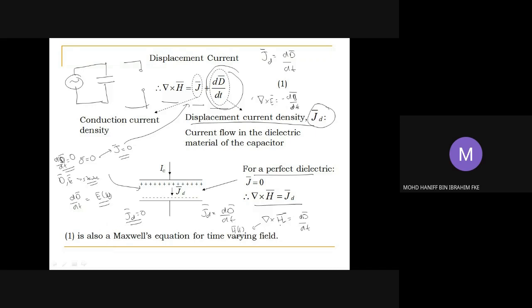The time-varying magnetic field can be produced from the changes of the time-varying electric field. So we can see the relationship between the two equations, Faraday's law and the displacement current concept. I hope I make it clear to you on this concept of displacement current.